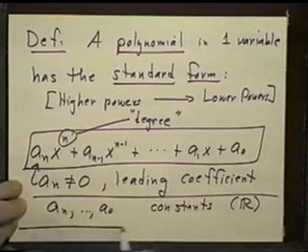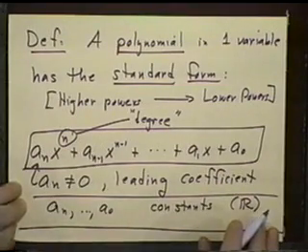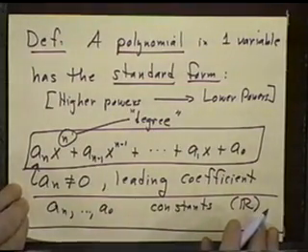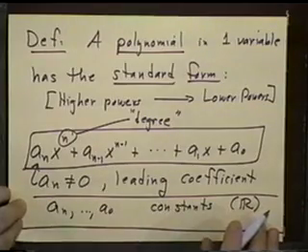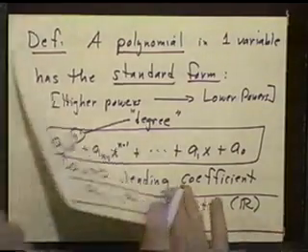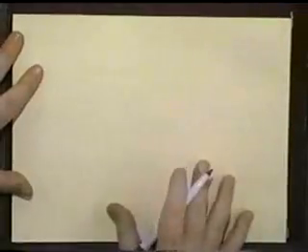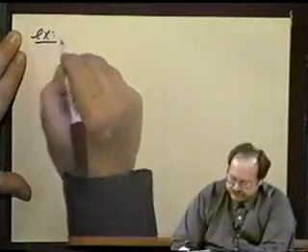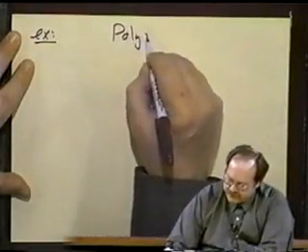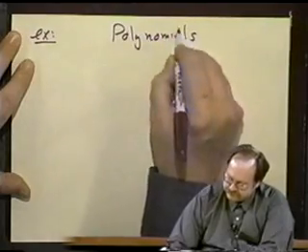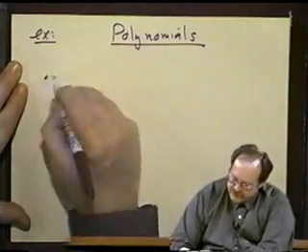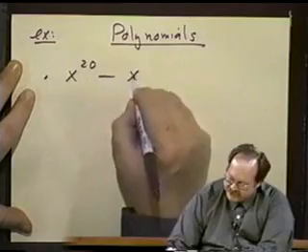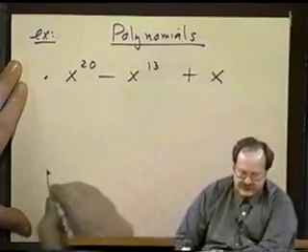So that's what a polynomial is. It really is a wonderful instrument as we work further in the course. But let me give you some examples. These are some polynomials. Here's one. x to the 20th minus x to the 13th plus x.